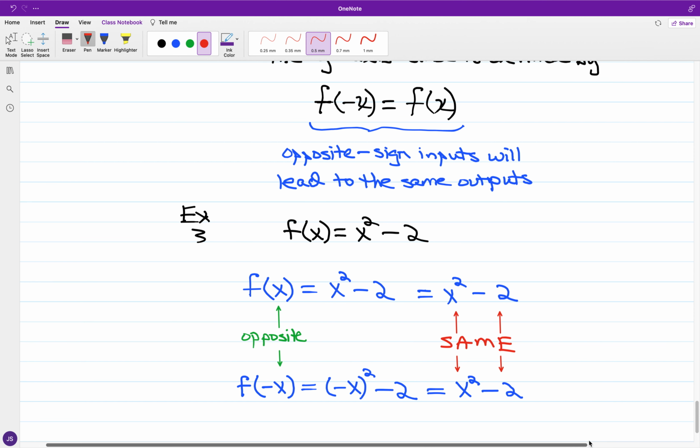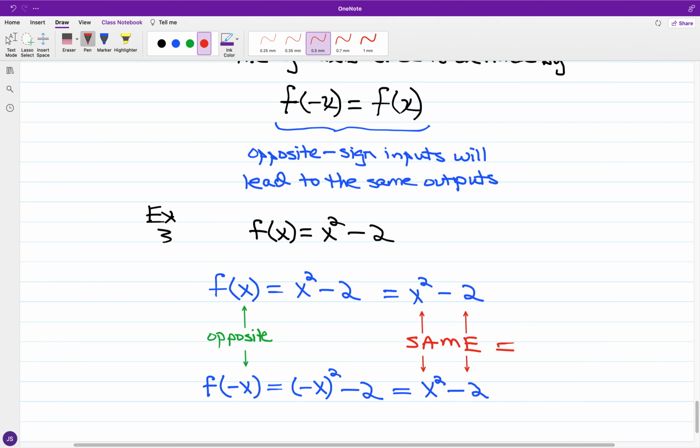So these are going to be the same, and so in effect, f of x equals x squared minus 2 is an even function.